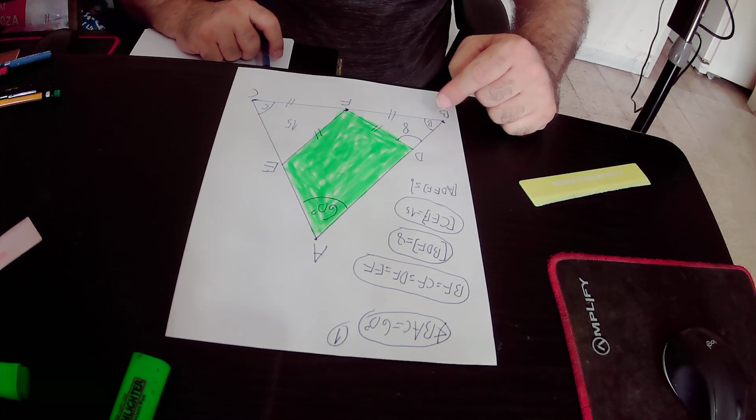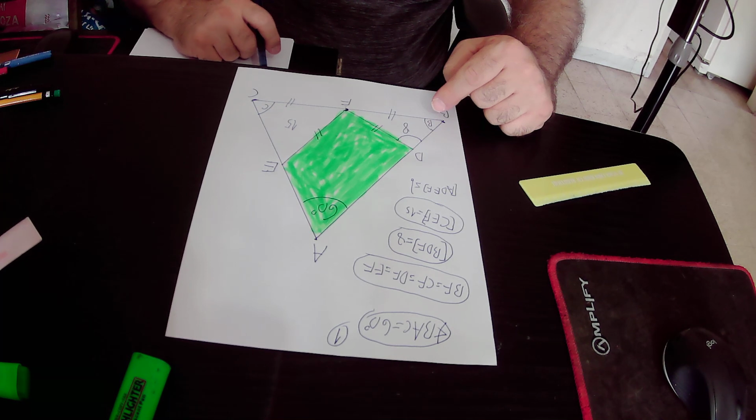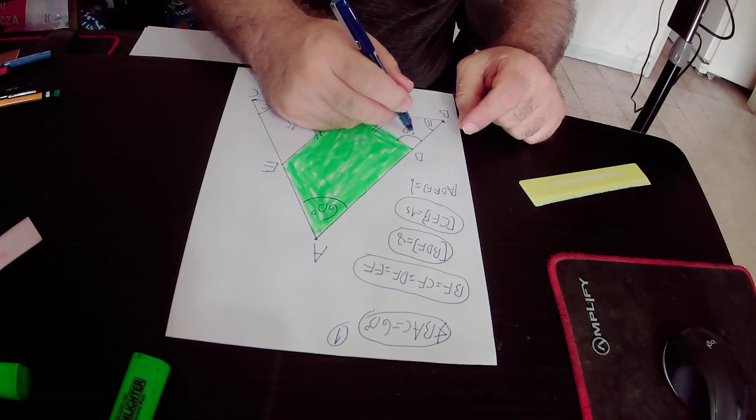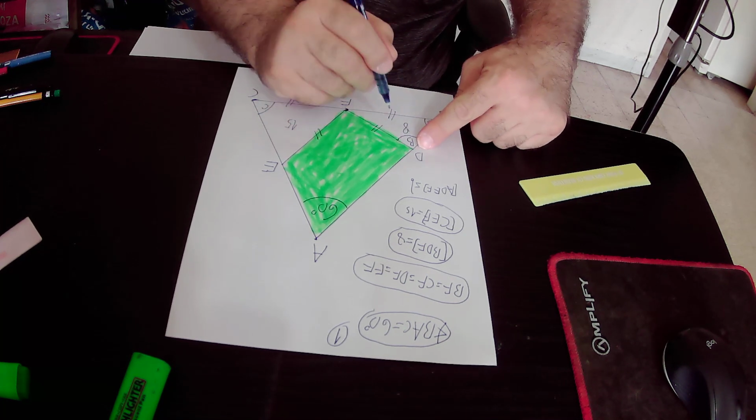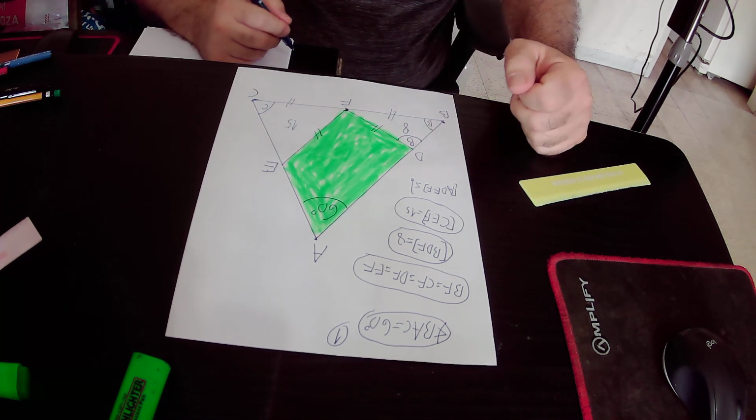That is to say, if this angle equals B, then this angle must also be equal to B.